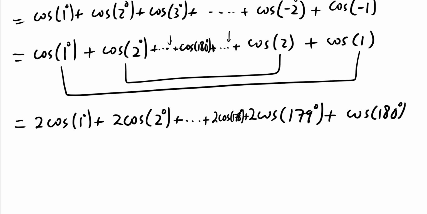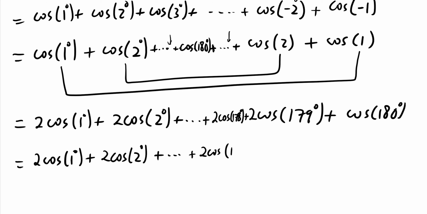It's not done yet. I don't know what cosine 1 is, I don't know what cosine 2 or 179 is without a calculator. So what we can do, notice, 2 cosine 178 is 180 minus 2. This is 180 minus 1.